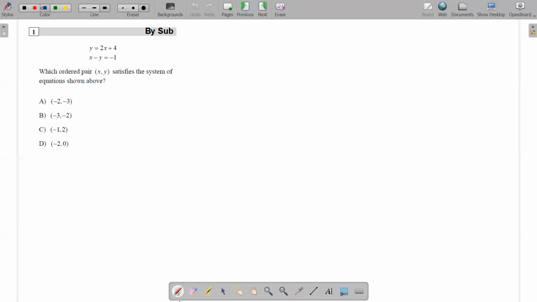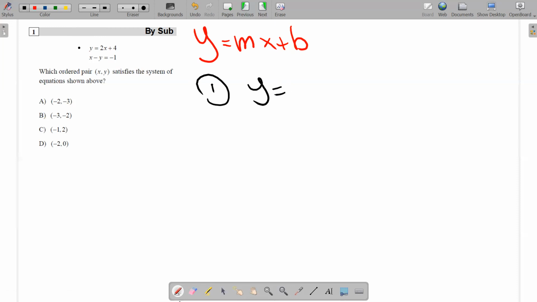Well, by doing the substitution method, one thing that we can do is convert both equations into slope-intercept format. So that's going to be our first step. Now, our first equation is already in slope-intercept format, y equals 2x plus 4.